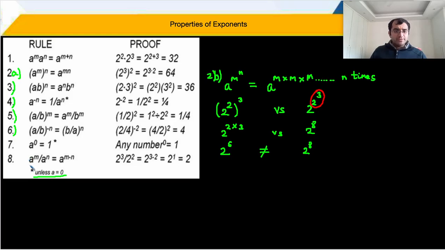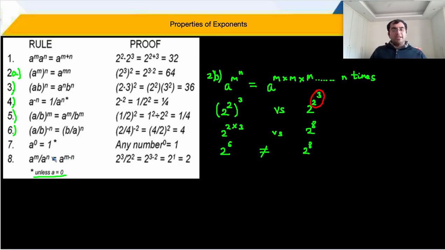So now eighth property is very similar to the first property. ठीक है, what is the similarity? That first and eighth property के अंदर you were multiplying. फर्स्ट में you are multiplying, eighth में you are dividing, and powers are the same, m and n. तो फर्स्ट प्रॉपर्टी when you are multiplying and आपका base same है तो powers add हो जाएगा. Eighth property में when you are dividing and आपका base same है तो power subtract हो जाएगा.